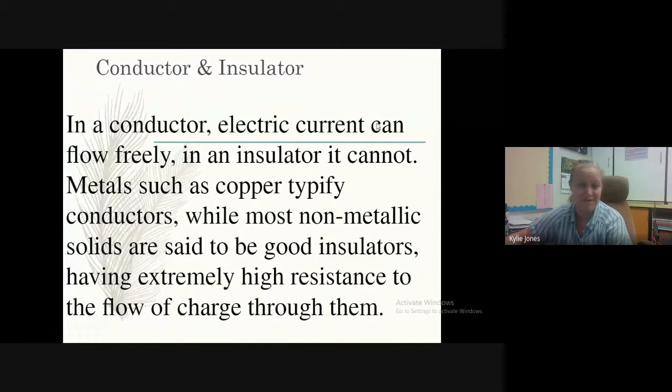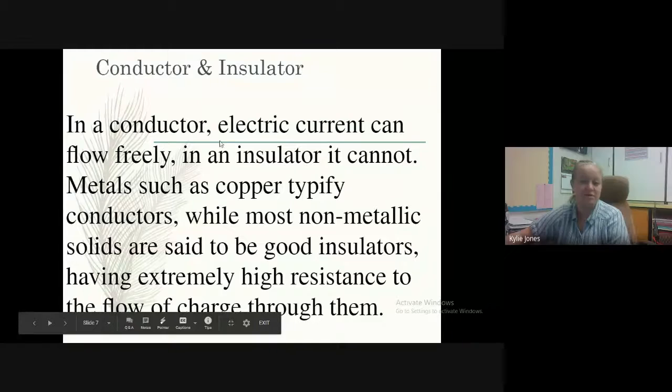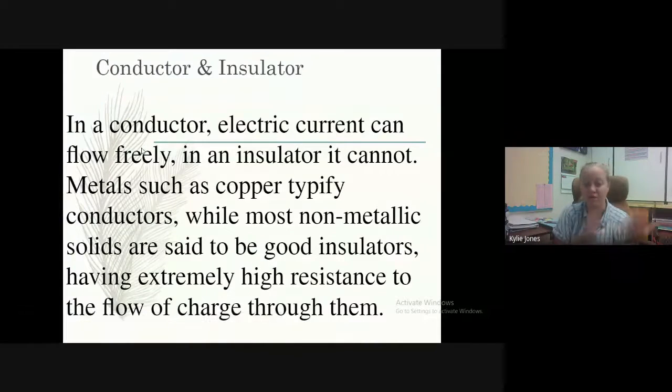Our next slide. Conductor and insulator. So these are 2 types of things that can give or take heat. In a conductor, electric current can flow freely, so it can go back and forth from things. In an insulator, it cannot flow freely.